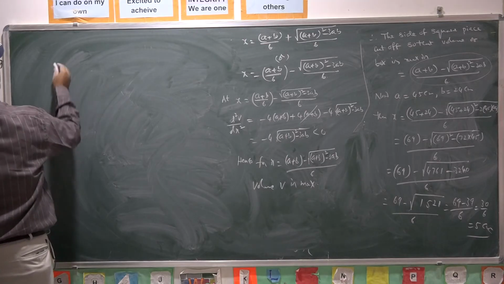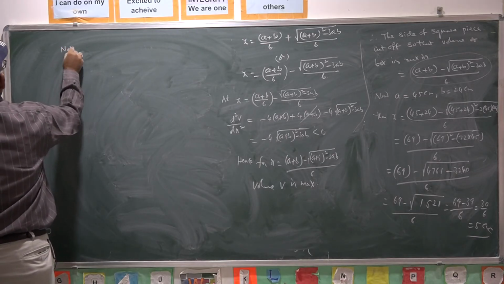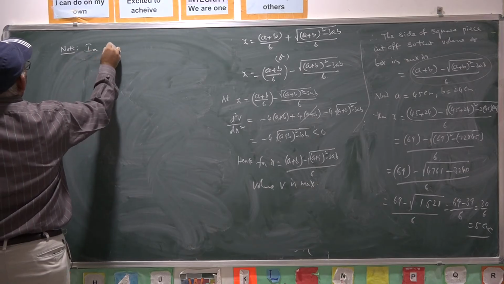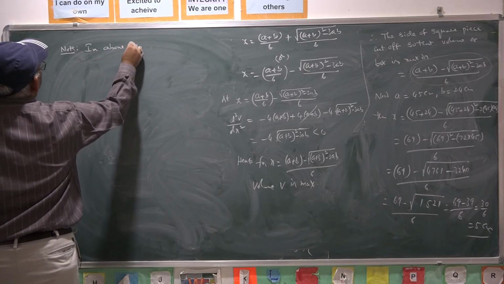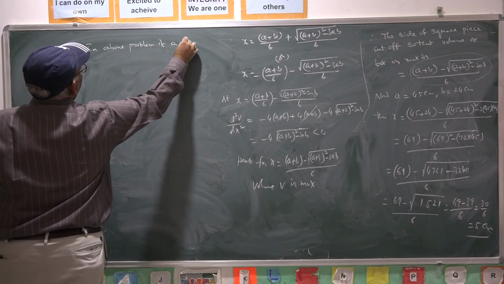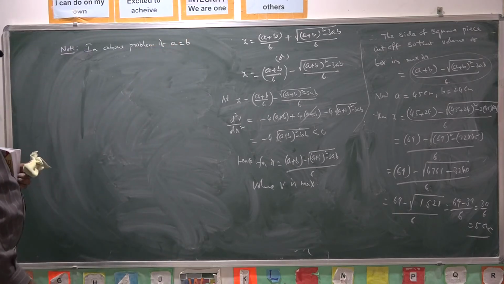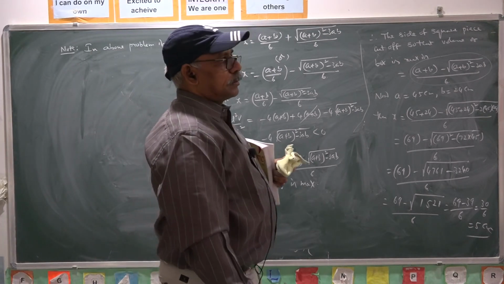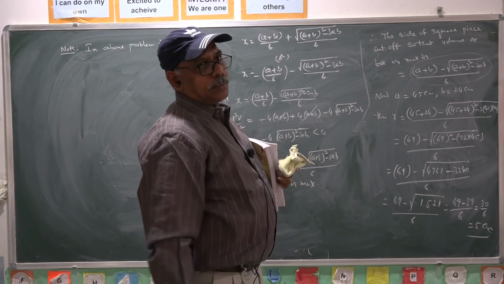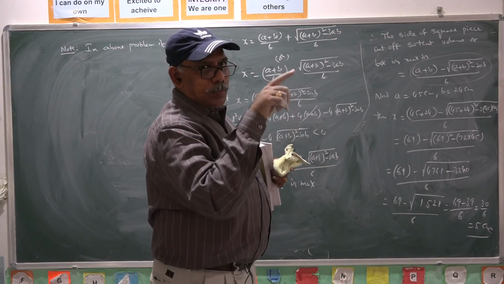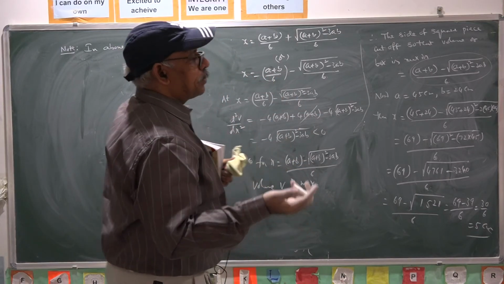In case of a note point, in the above problem, if A equal to B, then what happened? In case of A equal to B, the given rectangle is nothing but a square.